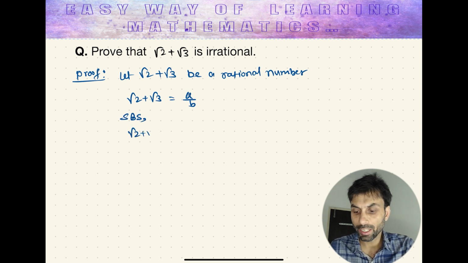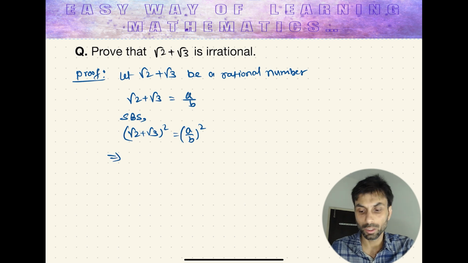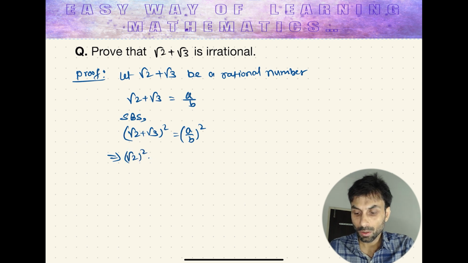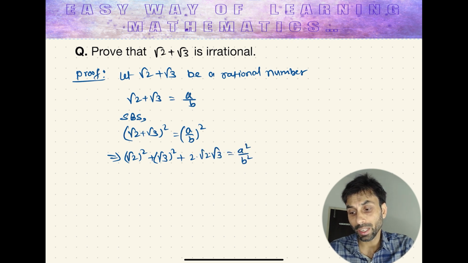So squaring both sides, it will be root 2 plus root 3 whole square equals a upon b whole square. Now if you use the a plus b whole square identity, which we all know, it will be root 2 whole square plus root 3 whole square plus 2 into root 2 into root 3 equals a square upon b square.